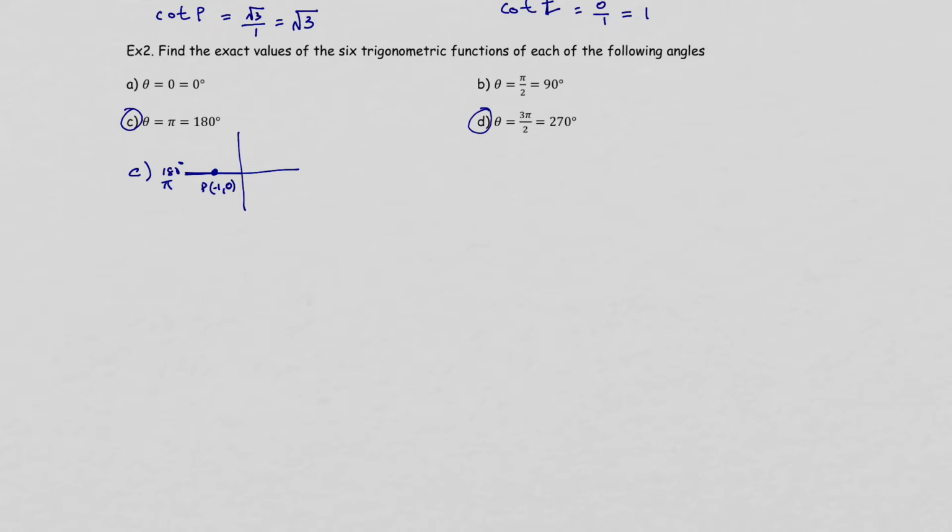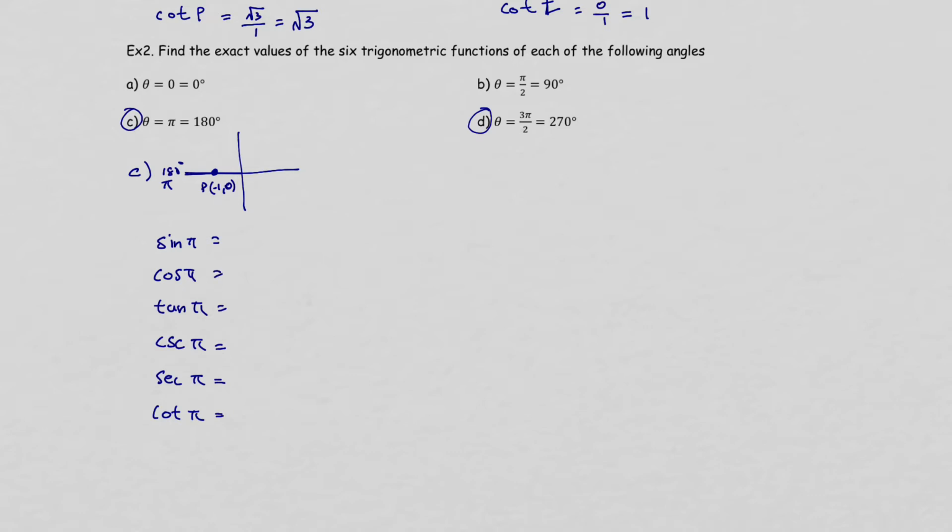So long as you know the point's coordinates for that angle, you should be able to find your sine. Your theta is pi, right? Let's use the pi. Sine, cosine, tangent, and cosecant, and secant, and cotangent of pi.